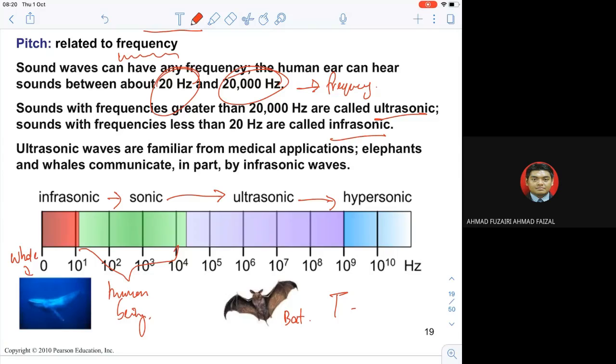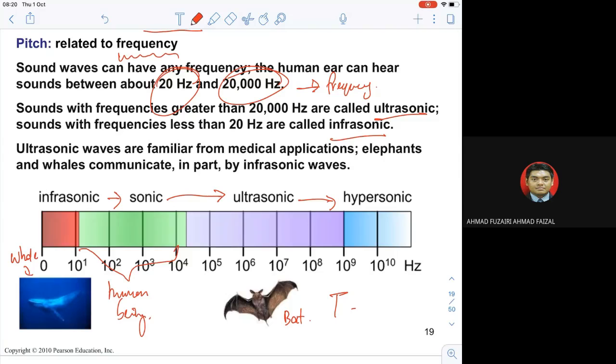They have their own frequency, their own medium of sound. A bat may be communicating with other bats, or navigating, flying inside a very dark cave. How can they survive? They use a frequency that a human cannot hear because it falls under ultrasonic.